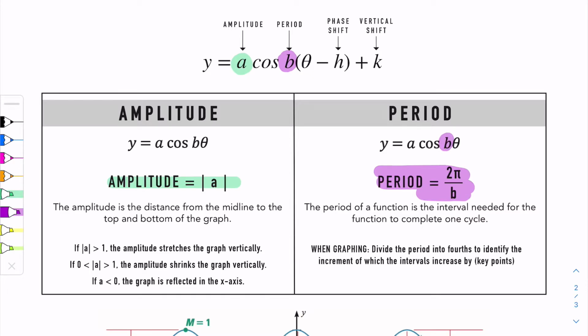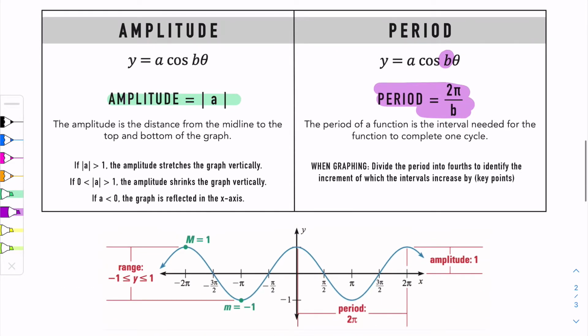Recall from yesterday's lesson that the amplitude is how high or how low the graph goes. On this example right here, you can see the amplitude is the height. And the period is how long it takes the graph to repeat one full cycle. So if the graph starts here, it goes down, hits a minimum, comes back up to its starting point. That's the period. It's one full cycle. And then that cycle continues to repeat over and over and over.